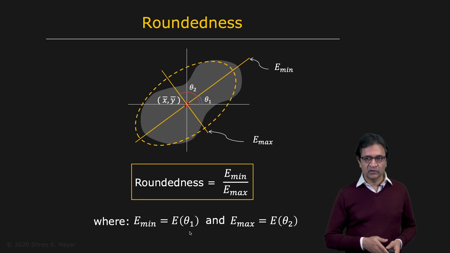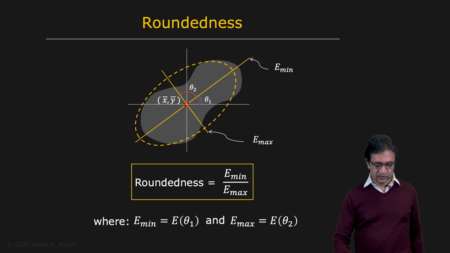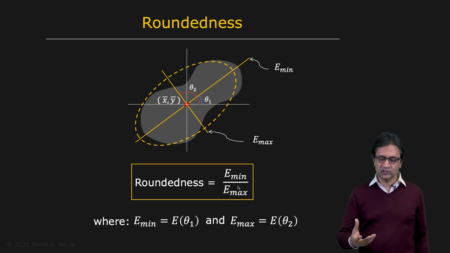Okay. So this also allows us to figure out how rounded an object is. So remember that now we have E min and E max, the minimum second moment and the maximum second moment. The ratio of E min to E max can be used as a measure of the roundedness of the object.